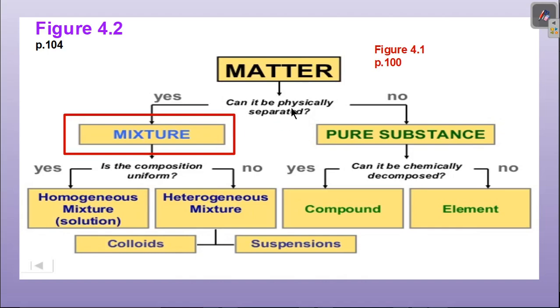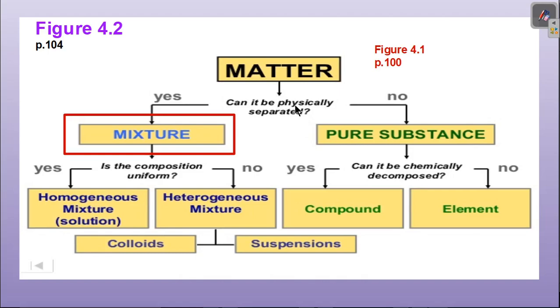So matter. You have to answer this question if you want to know if something is a mixture or a pure substance. The question is, can it be physically separated? There are two kinds of ways that you can separate matter. One is by physical means and the other one is by chemical means. Chemical just means that you have a reaction. And sometimes you can separate compounds. I mean, you do separate compounds into elements, like in a decomposition reaction.